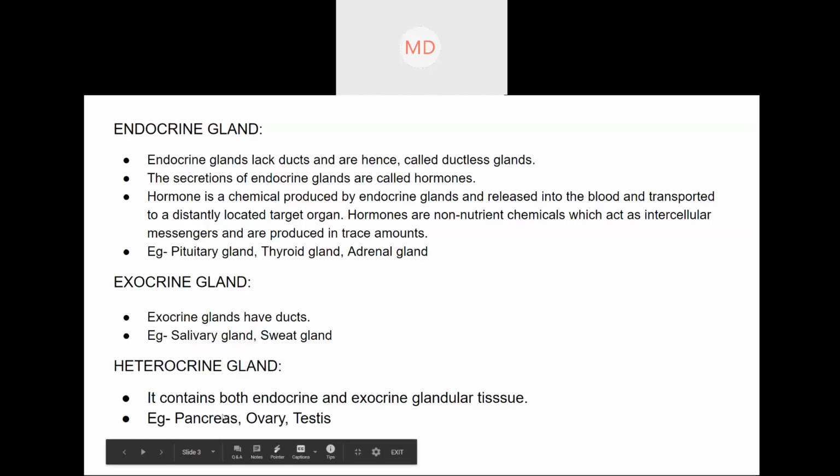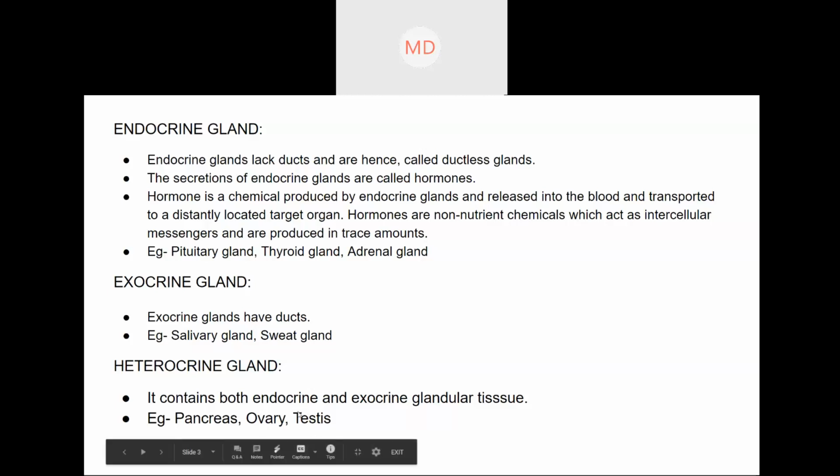The endocrine part of pancreas produces insulin and glucagon. For the endocrine part of testis, it produces testosterone. All of you have heard of it. You might have forgotten the relevance, but you have heard of it.